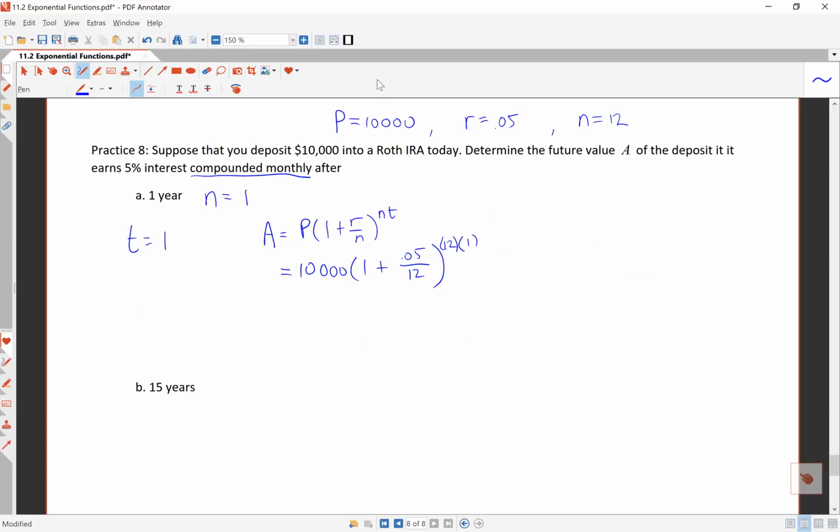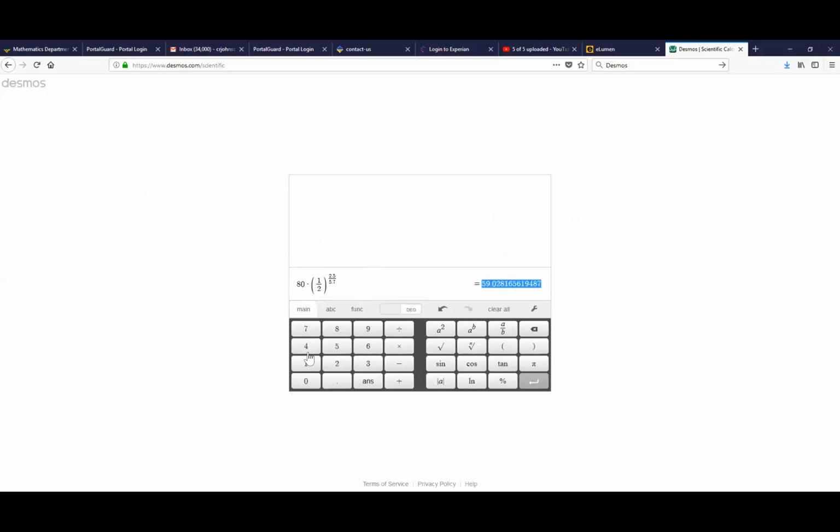We'll need a calculator to do this. So we'll take 10,000 times 1 plus 0.05 divided by 12, raised to the 12 times 1.